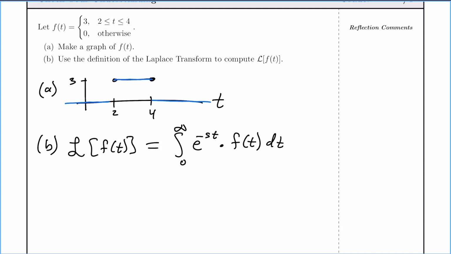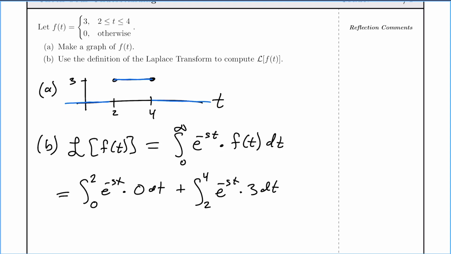And the function f is essentially 0 between 0 and 2. And then between 2 and 4, that function is equal to 3.